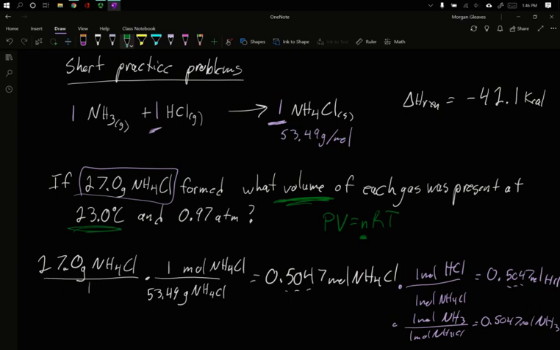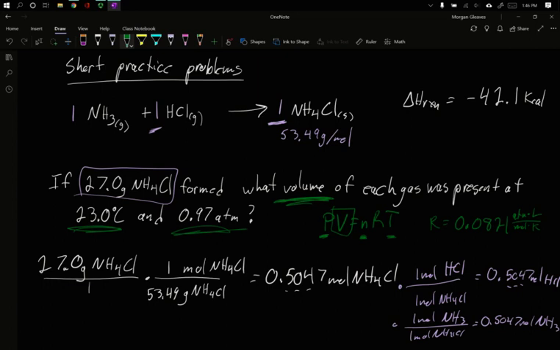We're told temperature, so I have the temp, and I'm told pressure. We can solve the volume as long as we use the right R value. R is a constant. We're in atmospheres. Remember that your R value in atmospheres is 0.0821 atmosphere liters per mole Kelvin.